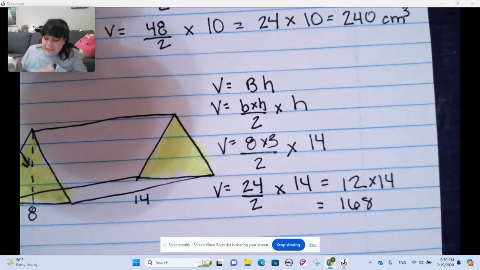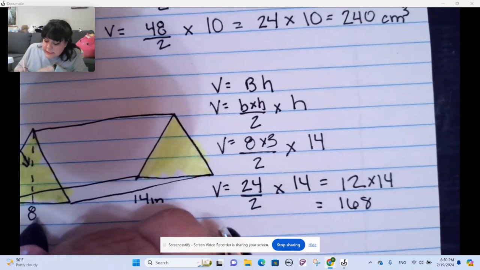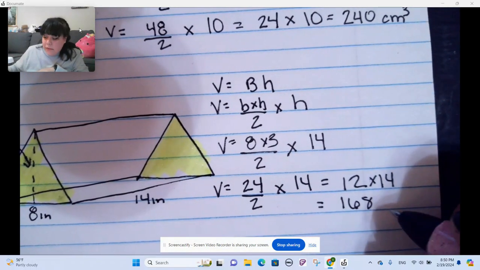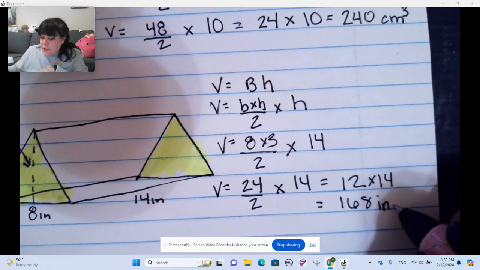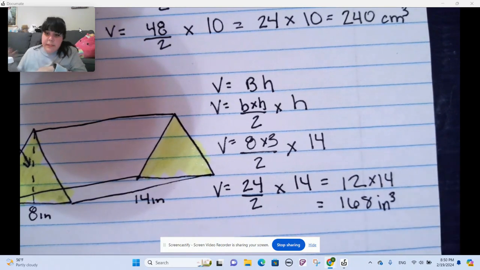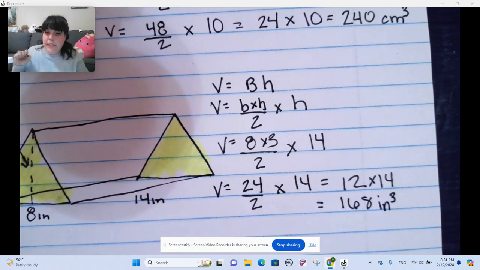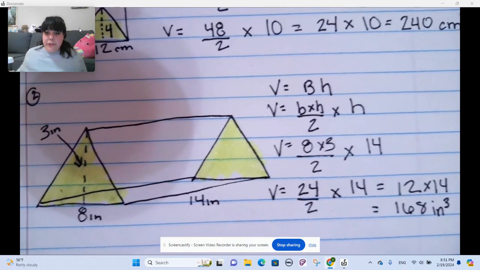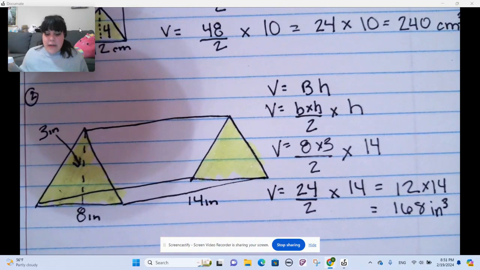And I forgot to put the measurements. Let's say we're in inches. So our volume is going to be inches cubed. So volume is cubed. Inches cubed. All right. So that was example number 2. Hopefully you got it. If not, that's okay.